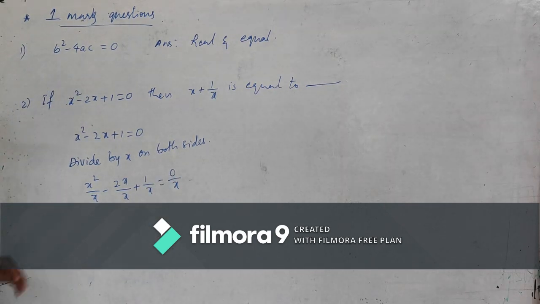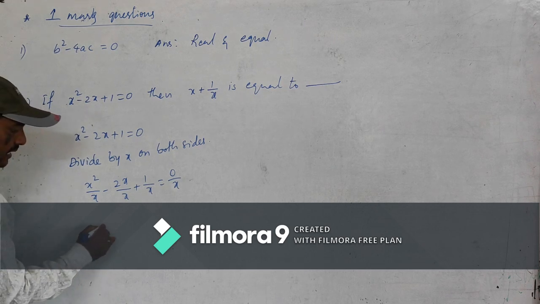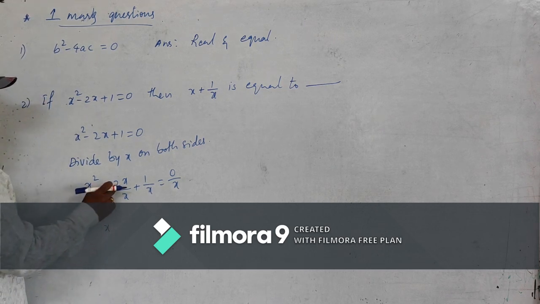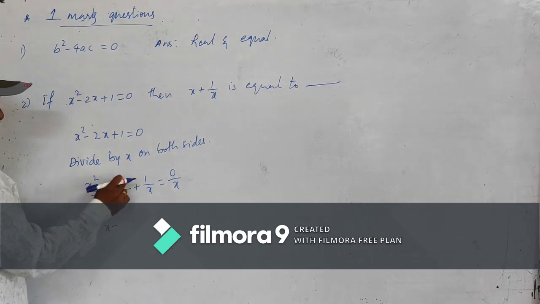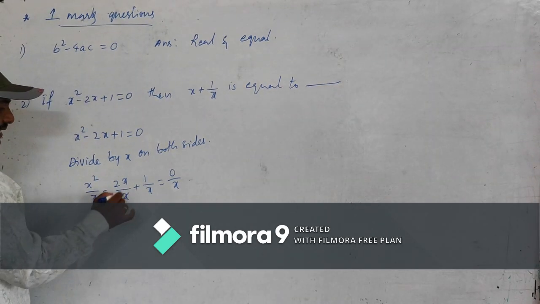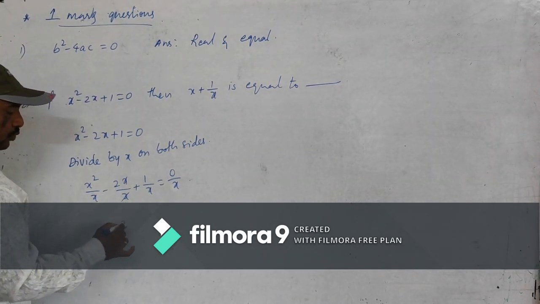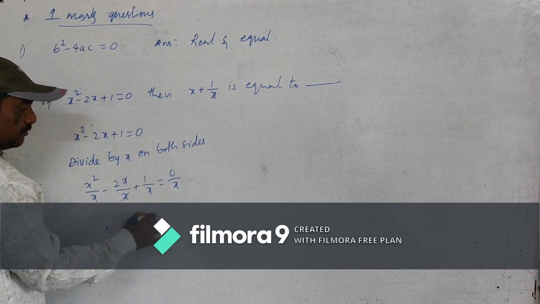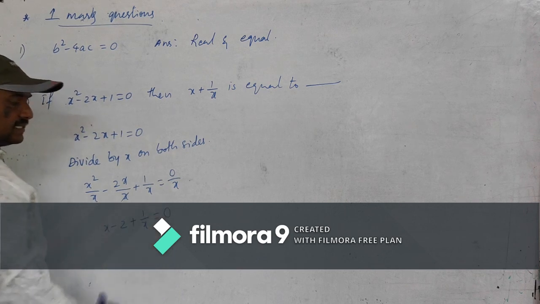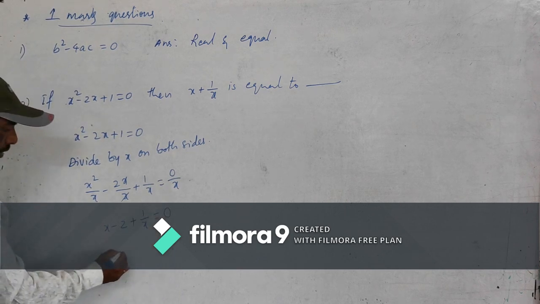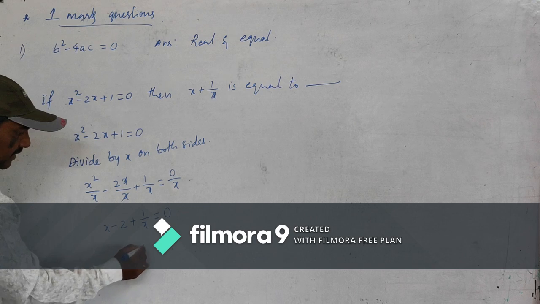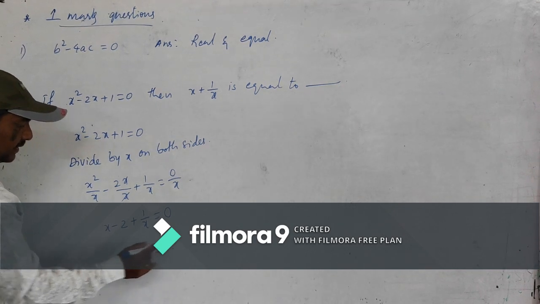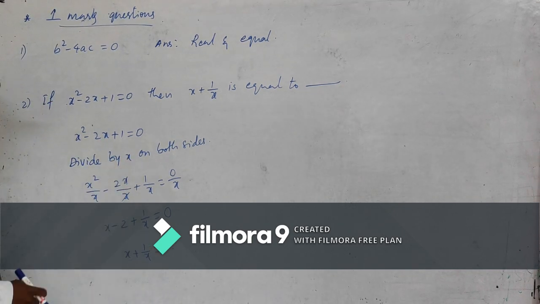Now, x square divided by x is x, minus 2x by x, x gets cancelled, so it is minus 2, plus 1 by x is equal to 0 by x, which is 0. So now keep x plus 1 by x on the left hand side and send minus 2 to the right hand side.